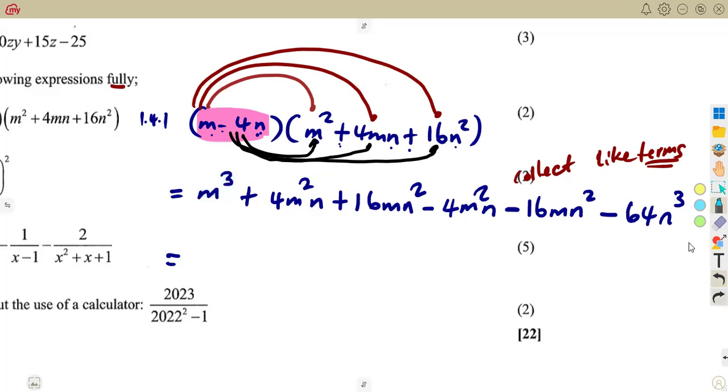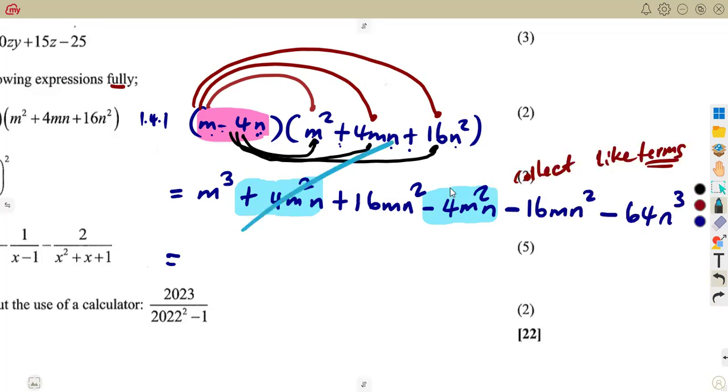We do not have. Do we have any part where we've got m squared n? So it's there. So we can even simplify that part here. 4m squared n minus 4m squared n, 4 minus 4, that's what? That's a 0. So this one will cancel.